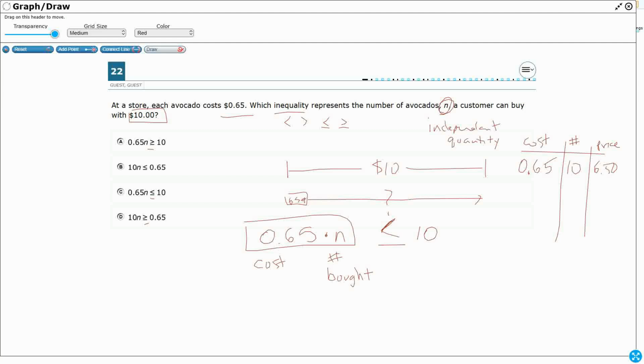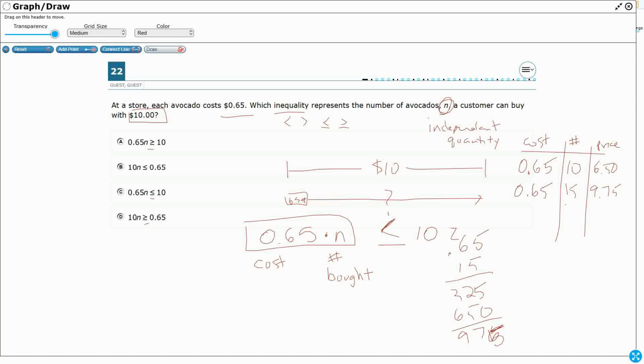And so let's see what would happen if I did 15. 65 times 15, that's 30, 32, 65. All right, that's 975. So 15, 9.75, and it looks like that's as much as we can get. Another 65 cents would put us over.